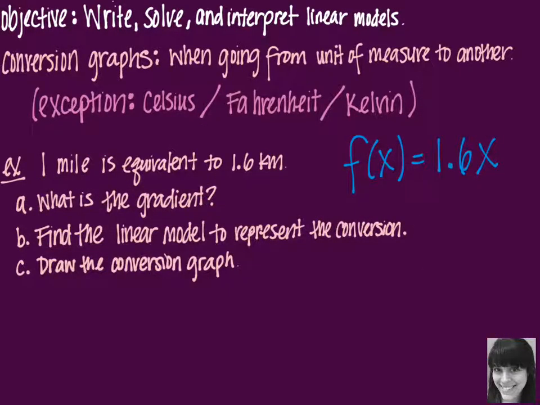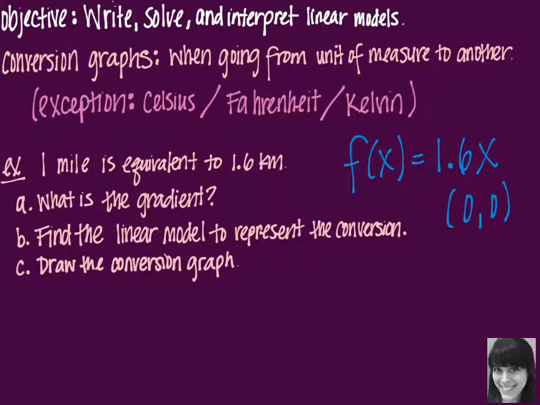To draw a conversion graph, all you have to do is know 2 points. So we have 1 and 1.6 kilometers, and we also have the y-intercept, which we said was 0, 0.